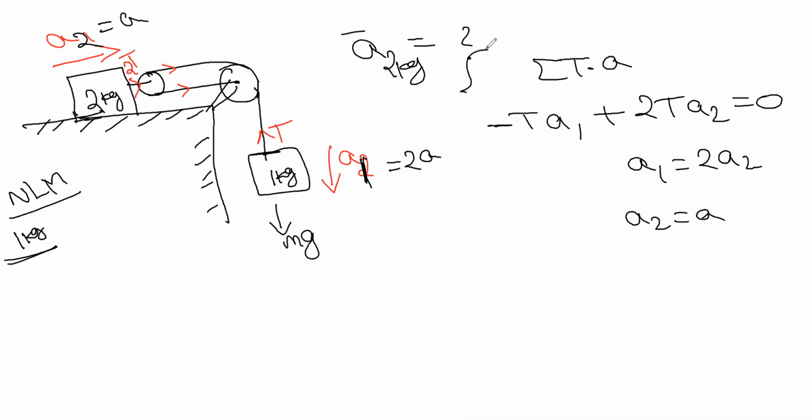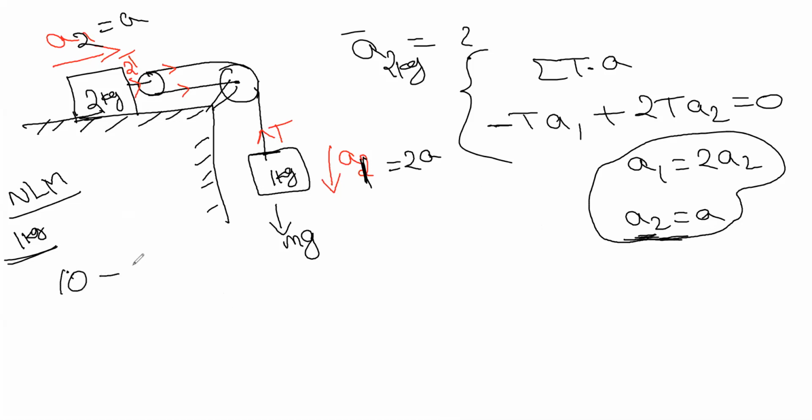The previous one is used for finding the relation between accelerations. For 1 kg, it is moving downwards, so that is 10 minus T equals 2A. Correct?